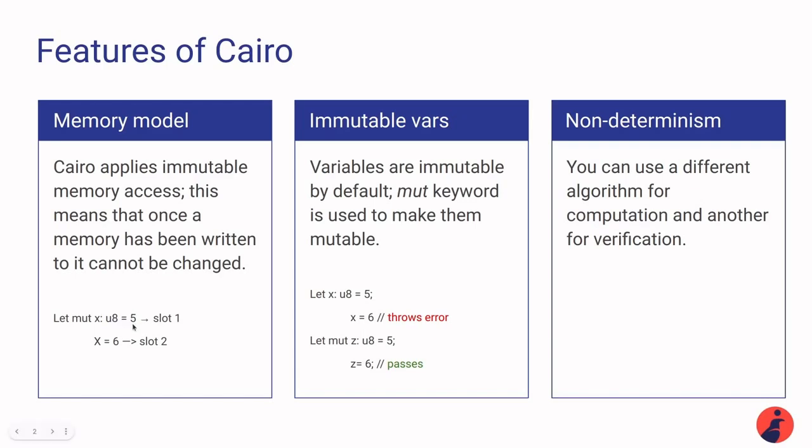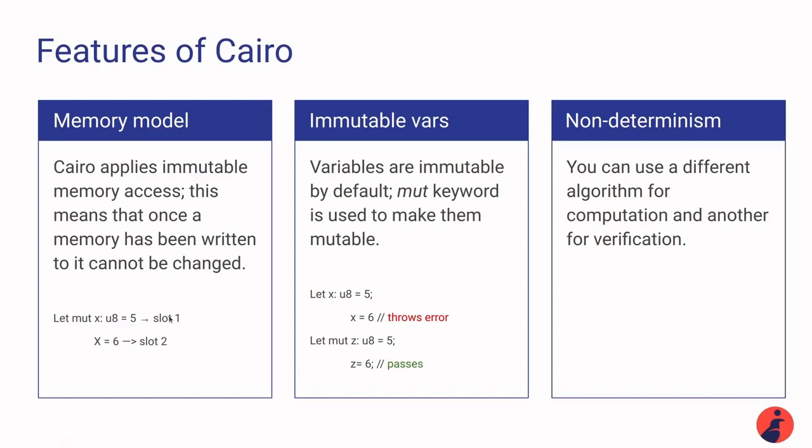The example we have: let mut x equal to 5. So 5 now is saved at slot 1. Now it's not possible in Cairo to assign 6 to slot 1 again, because 5 is already saved there. So you cannot assign 6 or 7 to that particular slot. Instead, when you assign 6 to x, 6 is saved to another different slot.